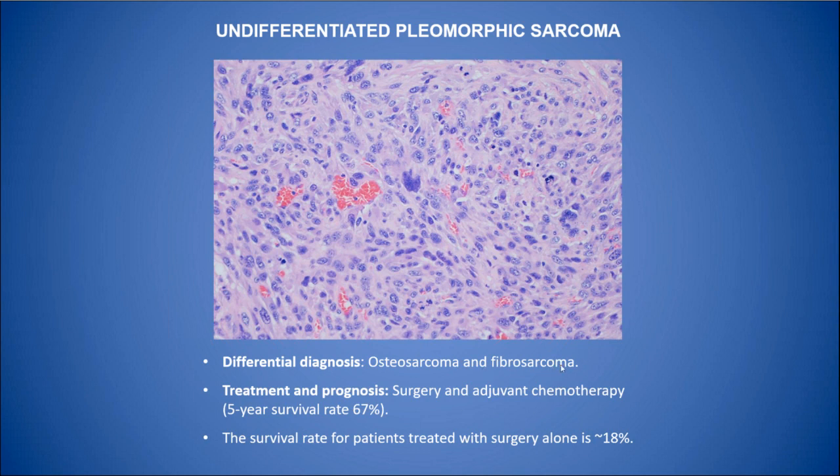Fibrosarcoma would also enter the differential diagnosis, but only from the radiographic standpoint. This degree of pleomorphism is definitely characteristic of undifferentiated pleomorphic sarcoma. The treatment is with surgery and adjuvant chemo, actually neoadjuvant chemo. I have been receiving consults from outside on patients that have been treated with neoadjuvant chemo with variable degrees of response.